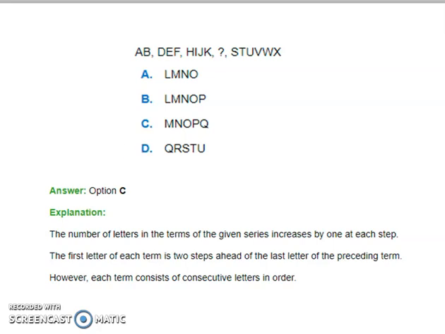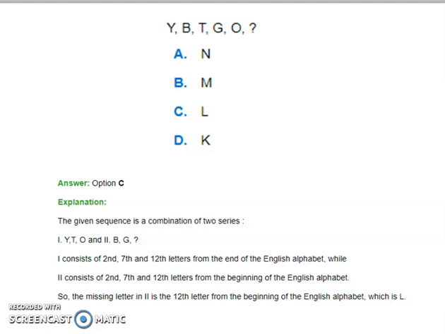Moving on to the next question: Y, B, T, G, O. This sequence is taken from the point of view of two different sequences. The first consists of the 2nd, 7th and 12th letters from the end of the English alphabet.